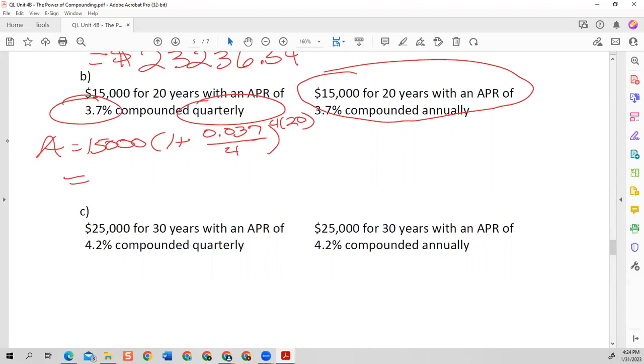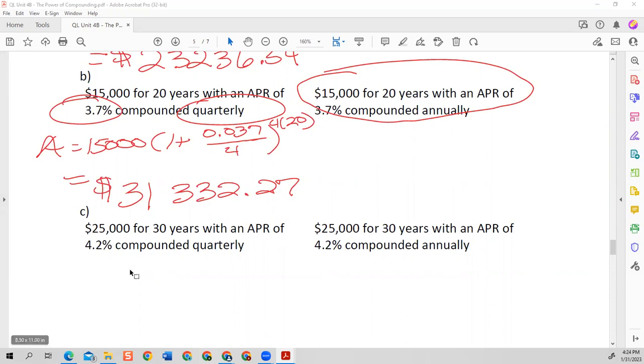Let's compute this. So we get a total of $31,332.27. Yay.